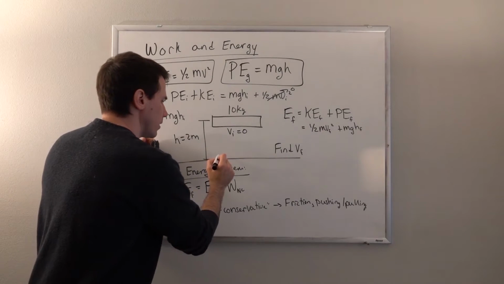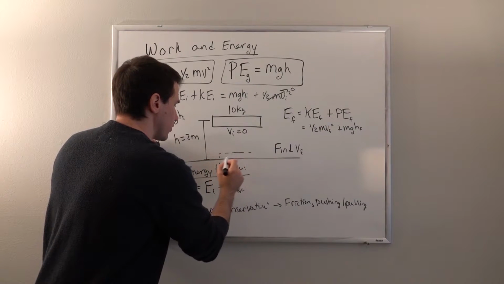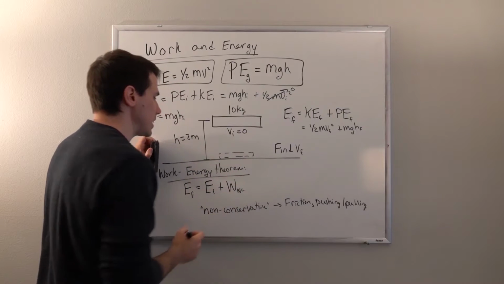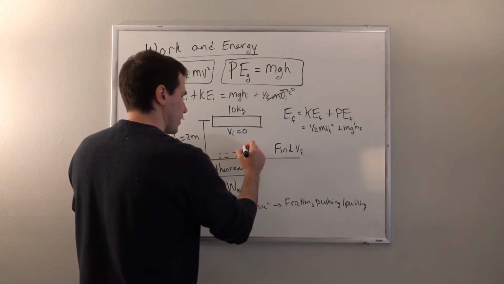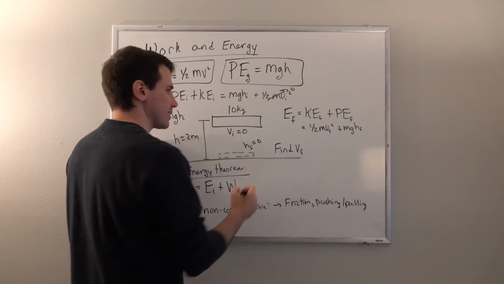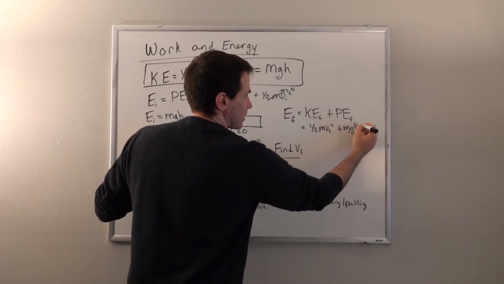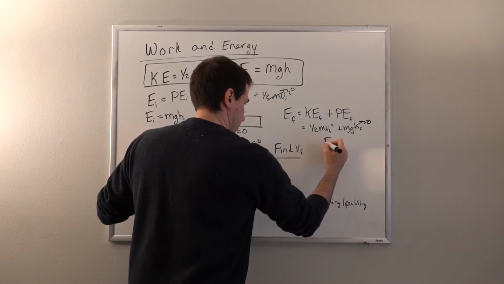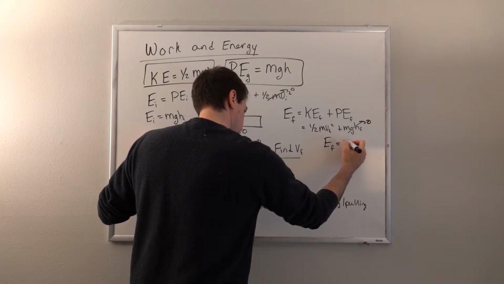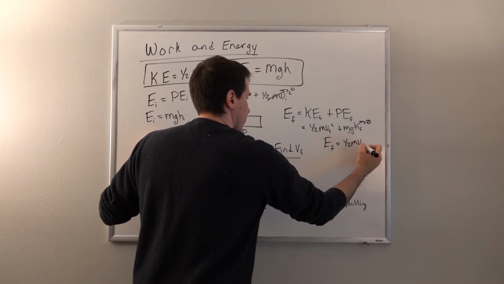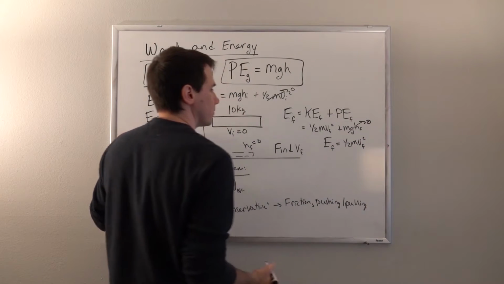But our height, when we are just about to hit the ground, is 0, right? H final is clearly 0 when we're right on the ground, which means that this term here is 0, and our final energy is just 1/2 m v final squared.